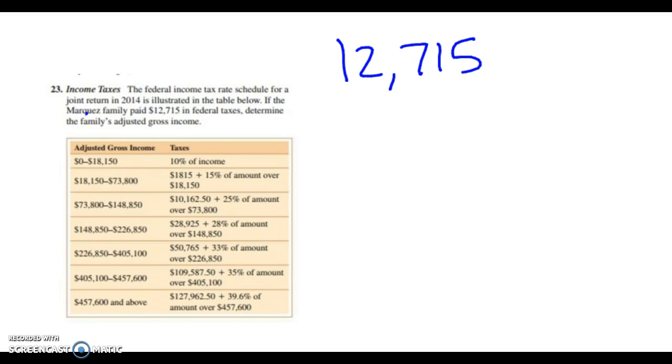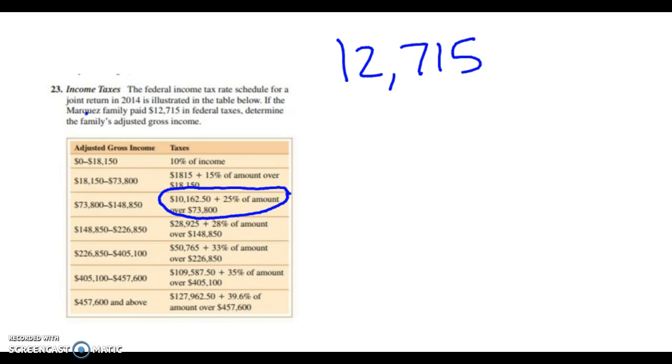This third bracket or third tier of income tax, the family's going to pay about $10,000 plus 25% of the income that's over an amount. So $12,000 is closer to $10,000 than it is to about $29,000. So the appropriate tax bracket would be this row. Again, we did that using logic and estimation.